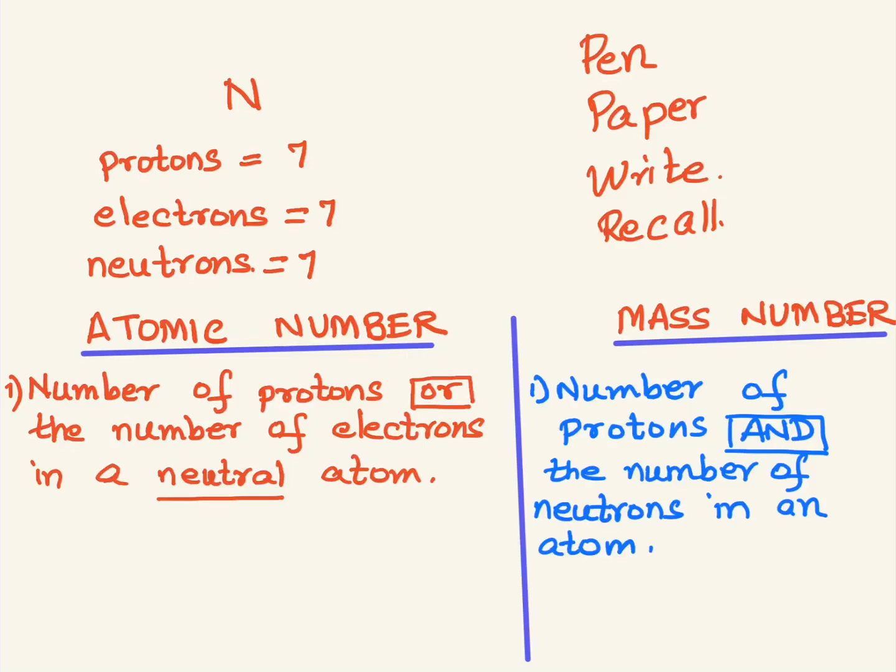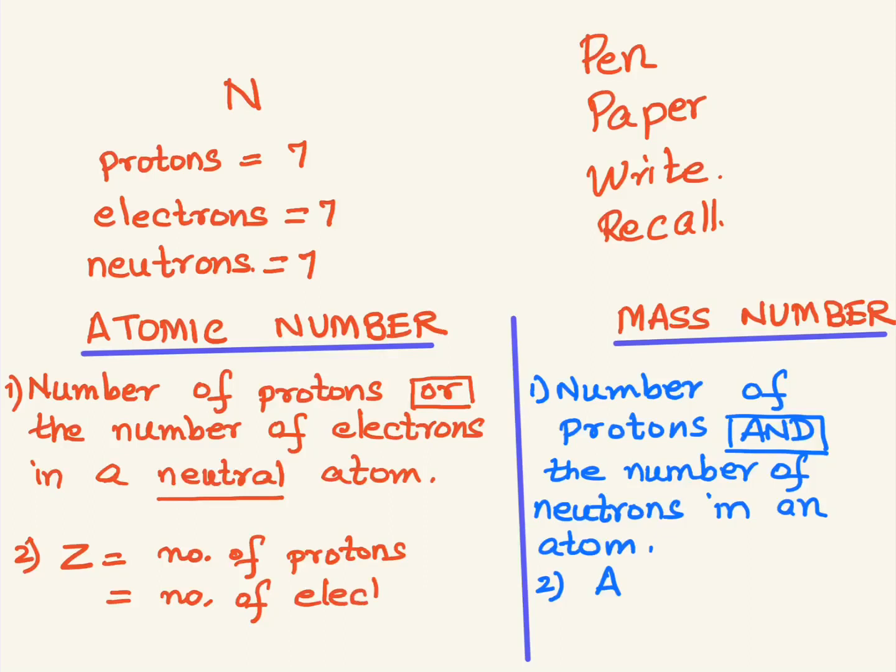Can you tell me the symbol used to represent atomic number? Very good. It is represented by the symbol Z. And what is the symbol that we use to represent mass number? Very good. It is represented by the symbol capital A. So what we've got over here is Z, which is equal to the number of protons, or equal to the number of electrons in an atom.